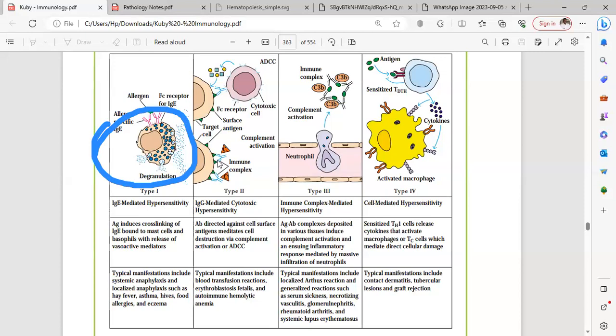Now, the second time this person inhales pollen, the process will be immediate. Why will it be immediate? Because IgEs were already produced in the primary response, and those IgEs are already bound to the mast cell. They are just waiting for that antigen to enter our body again.